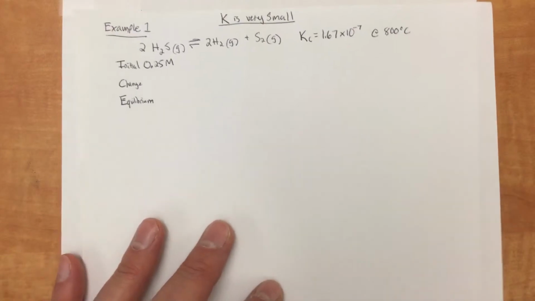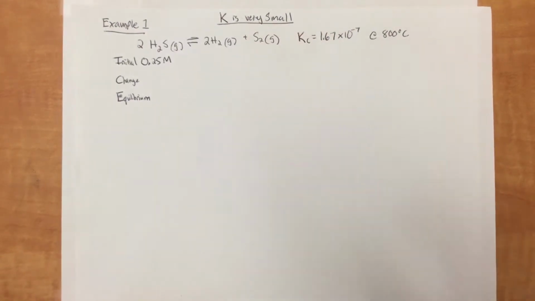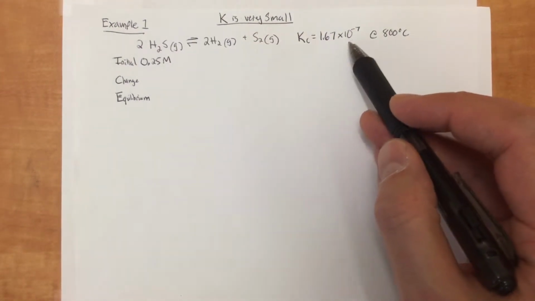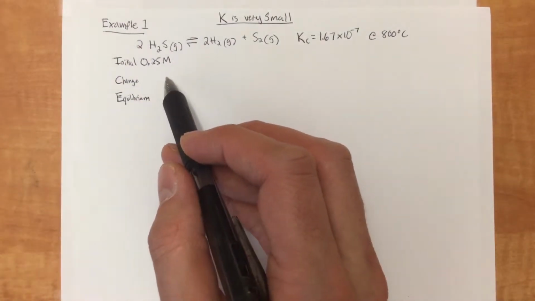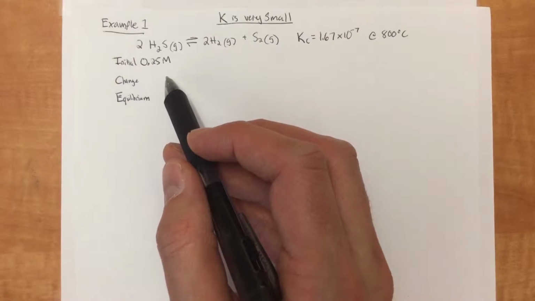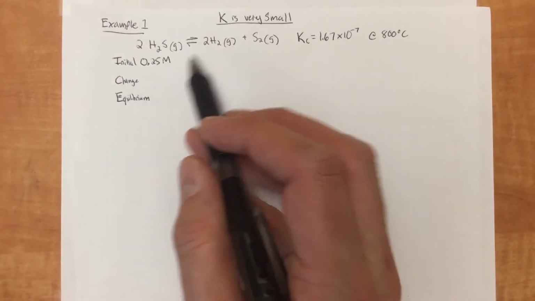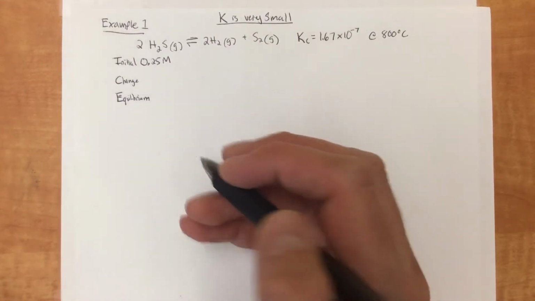Let's do an example. In this example, we have a reaction where the K is a very small value. Initially, we are told that we have 0.25 molar H2S. Note that we are using the Kc.